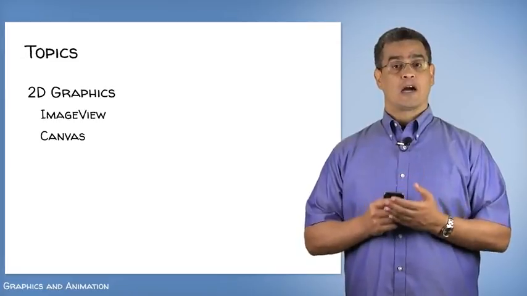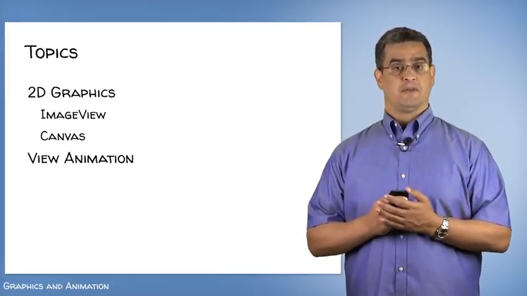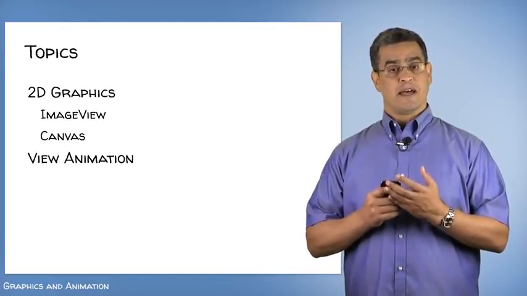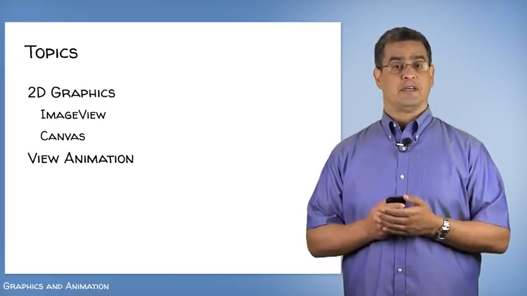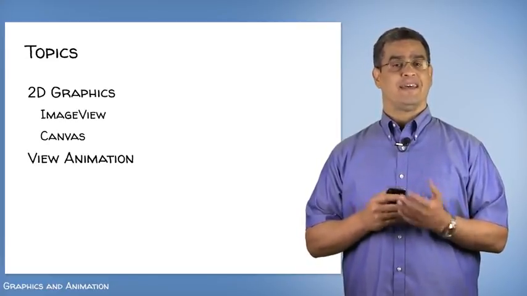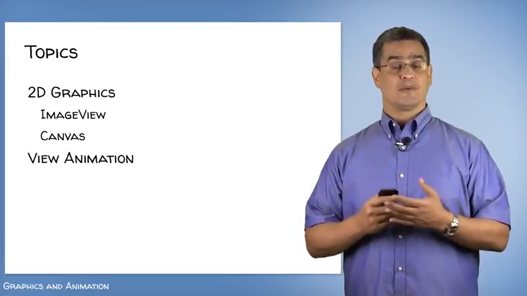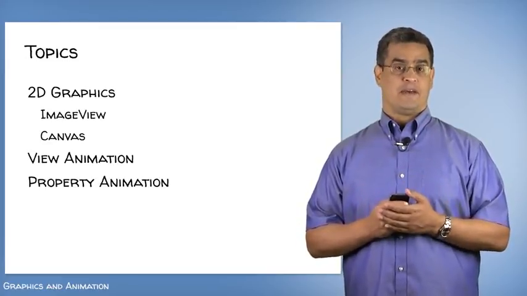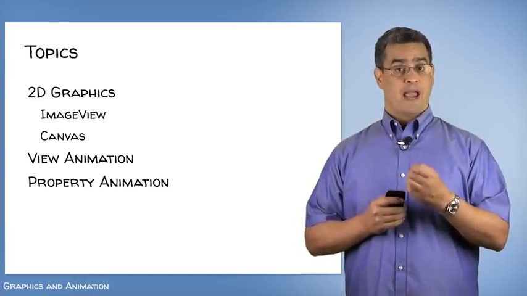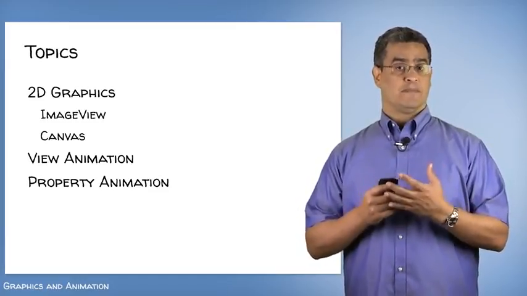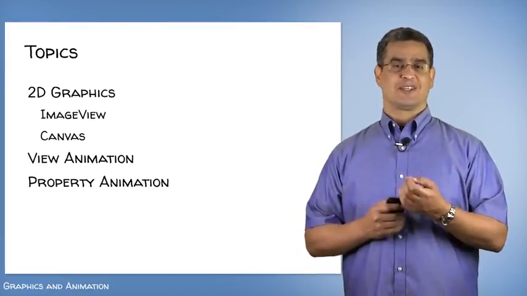Next, I'll talk about the various ways with which you can easily animate views to provide simple effects like changing a view's size and position and fading a view in and out. And lastly, I'll finish up with a more general discussion of property animation, which gives applications a general framework for animating not only simple view properties, but essentially any other properties as well.